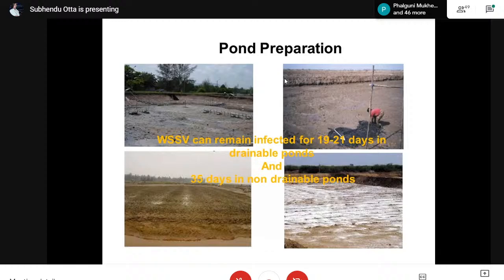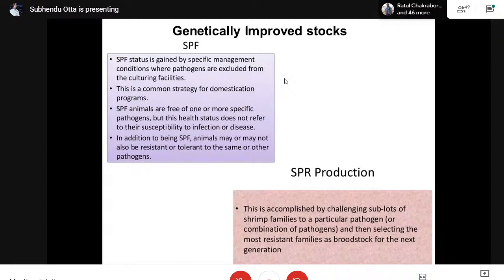And if the pond is not drainable and a little bit of water is there, in that condition white spot syndrome virus can stay even up to 35 to 40 days. So you imagine, you think that you have done the treatment and got rid of the virus, but when you do the culture practice, the infection starts again and you lose your culture.